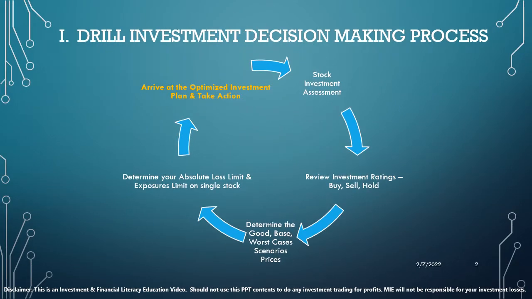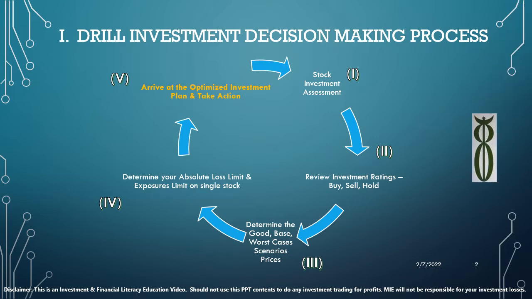We will focus on the first 2 steps of the decision-making process. In this video, 1 is the stock investment assessment, and 2 is the investment rating, how we give the stock a buy, sell, or hold rating. While 3, 4, and 5 we will talk about in the next video.